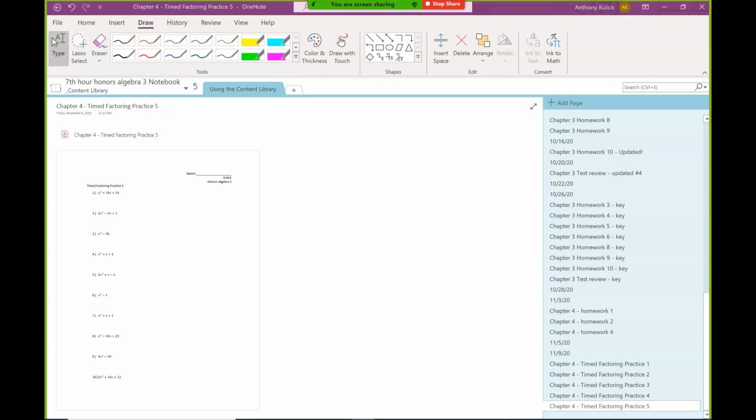Okay. So this first sheet, there's not actually any factoring on this one. This first sheet is just like find the two numbers that multiply to give you whatever and add to give you whatever. That's all we have on the first sheet. There's 10 questions.